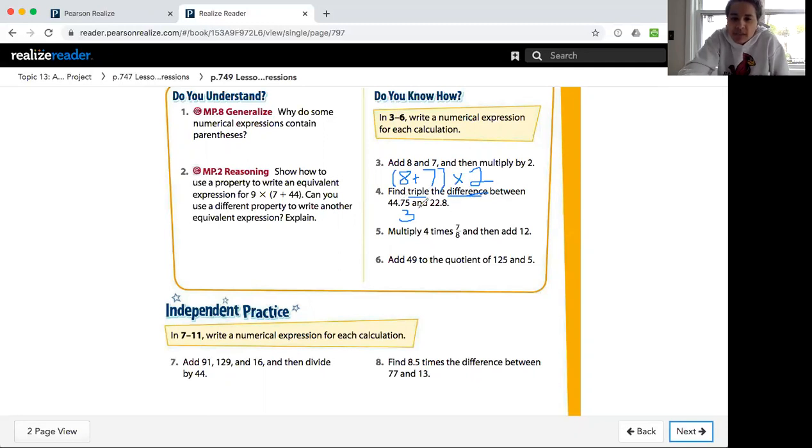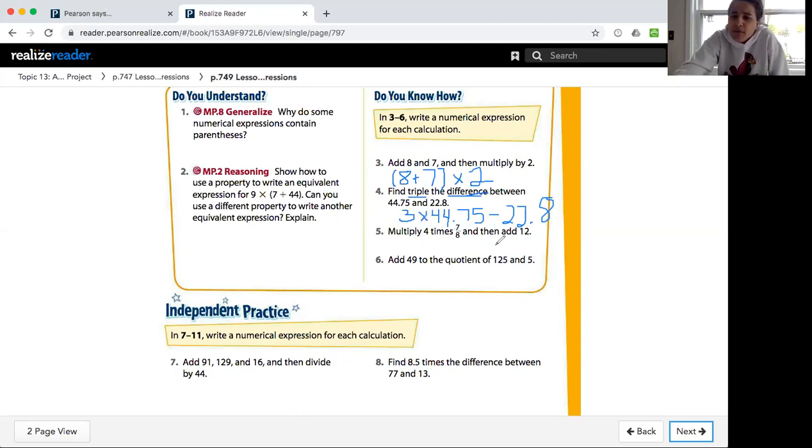So the difference between 44 and 75 hundredths, and we're finding the difference, minus 22 and 8 tenths. Okay, now remember, we're finding the triple of this difference. So since we're finding the triple, that means we're going to multiply.